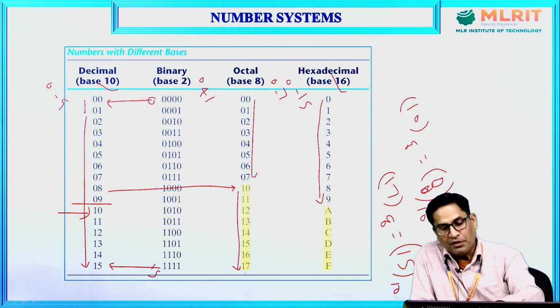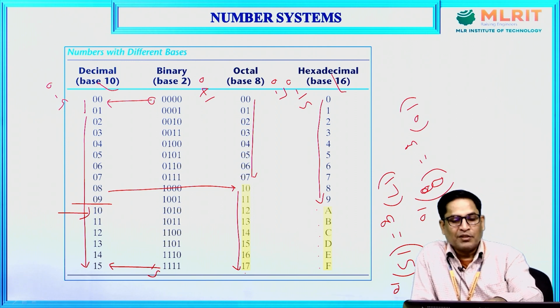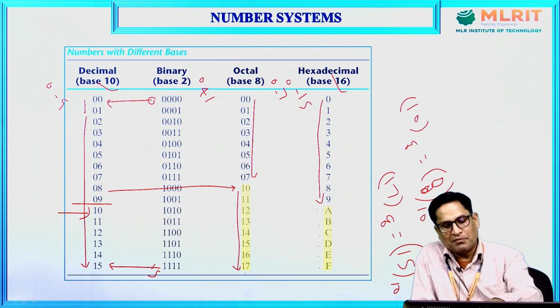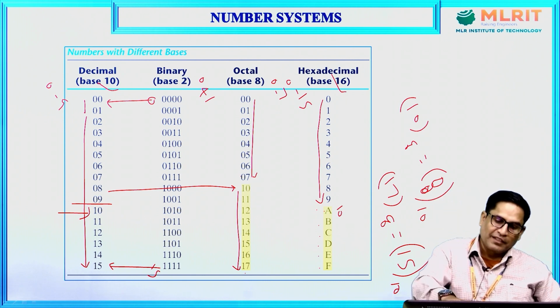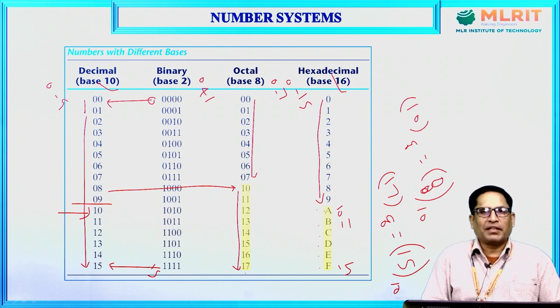But the numbers after 9, that means 10, 11, 12, 13, 14, 15, are represented using alphabets borrowed from the English alphabet, A, B, C, D, E, F. That means 10 is represented by A, 11 is represented by B, and similarly 15 is represented by F. So in the hexadecimal number system, 0 to 9 digits are taken from the decimal number system, and for the rest we have taken the alphabets A to F for the 10 to 15 representation.